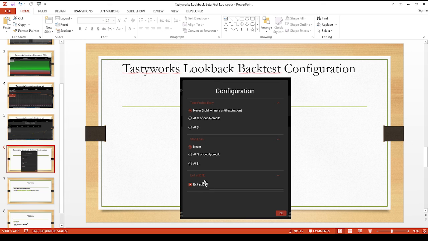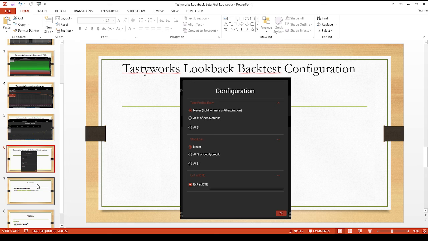You can also exit at a particular day to expiration. For example, the Tastyworks methodology is usually to sell around 45 days to expiration, so what will happen if you chose to take profit around 21 days or so? That allows you to do that as well.